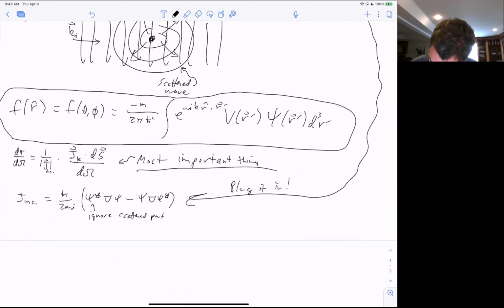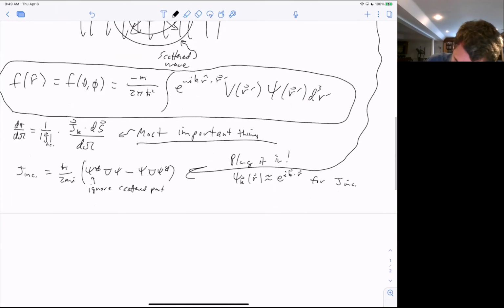And so we can plug in psi k of r approximately equal to e to the i k dot r for j incident. When we plug that plane wave in, we get that j incident is going to be h bar k over m.